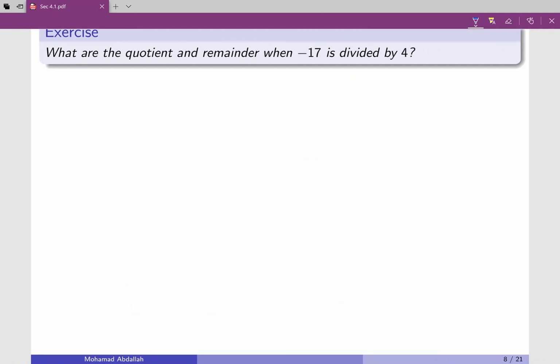So this is another example of dividing a negative number by some number. Here's how I do it. I know 17 divided by 4. I look at the positive one because we know how to divide a positive number using the Euclidean algorithm. When I do 17 divided by 4, my answer is 4 as the quotient and the remainder is 1.